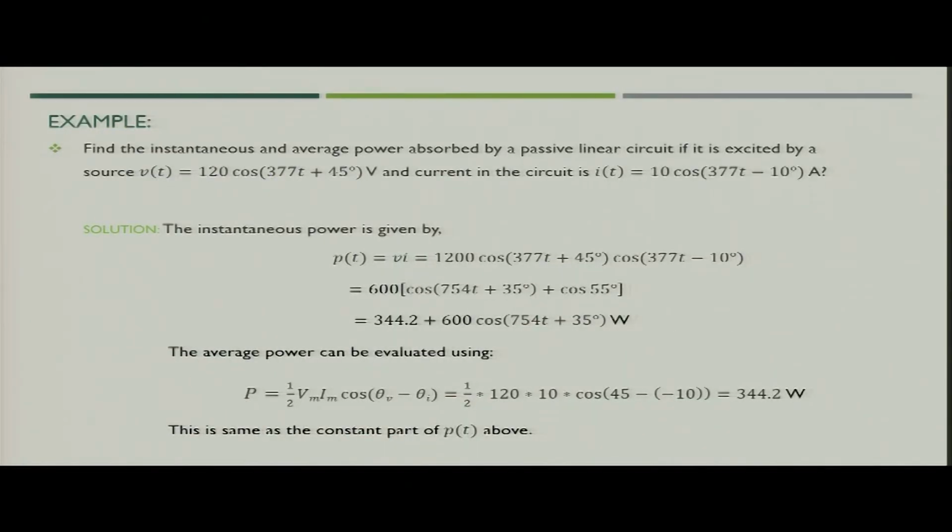Now, let us take one example so that you can understand what we discussed till now. You are asked to find the instantaneous and average power absorbed by a passive linear circuit excited by a voltage V given as 120 cos(377t plus 45 degrees). The current is i(t) equal to 10 cos(377t minus 10 degrees) ampere.